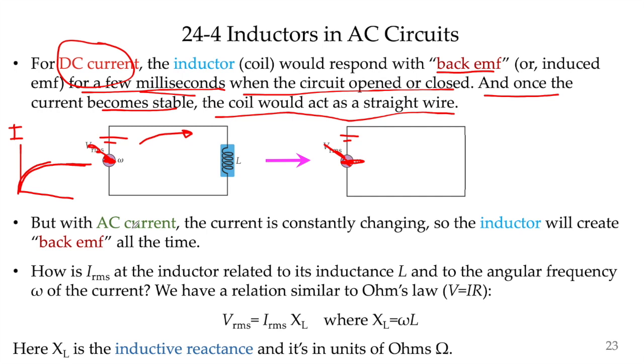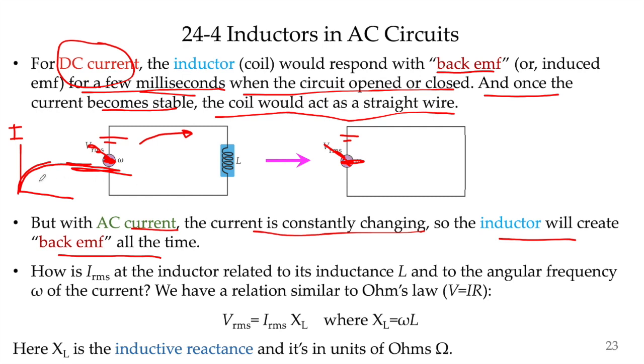But with AC current, the current is constantly changing. It's not just like this, right? In AC circuits, the current goes back and forth. It changes direction in 1 second, maybe 50 or 60 times. So the inductor will create back EMF all the time. Remember, the inductor acts like a straight wire when the current is constant in DC circuits.